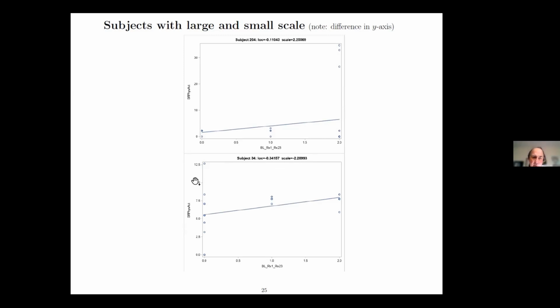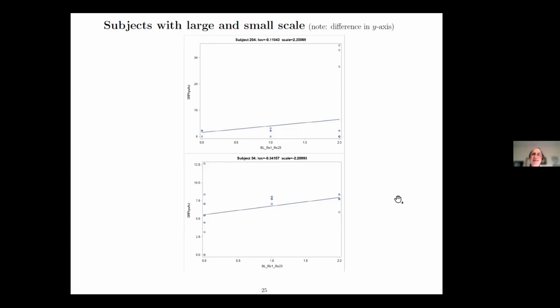First of all, notice on the y-axis here, it goes from 0 to 12, whereas this first person was 0 to 30. So at baseline, their responses are basically in the 0 to 7 range. At the first follow-up, they're pretty consistent. And at the final follow-up, they're also very consistent.